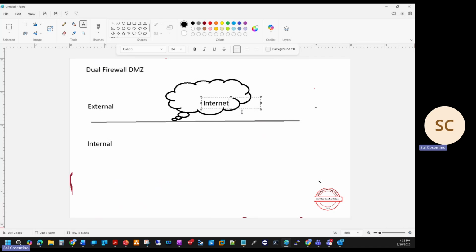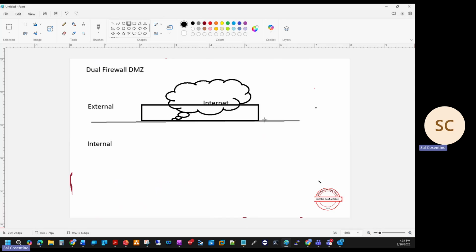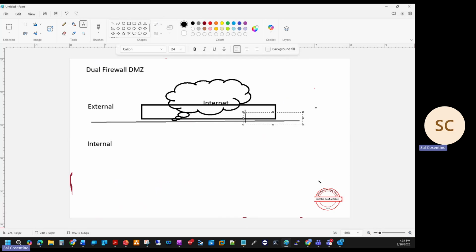So you'll have your external firewall as well, and that could be software based as well, and in the cloud. That's normal.